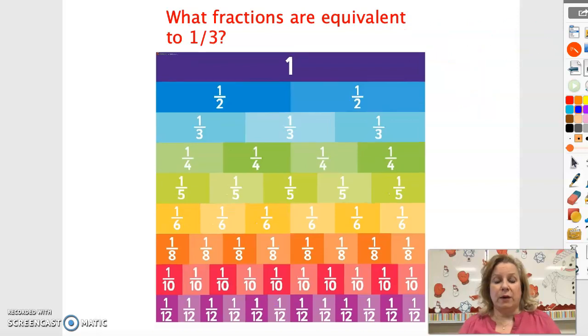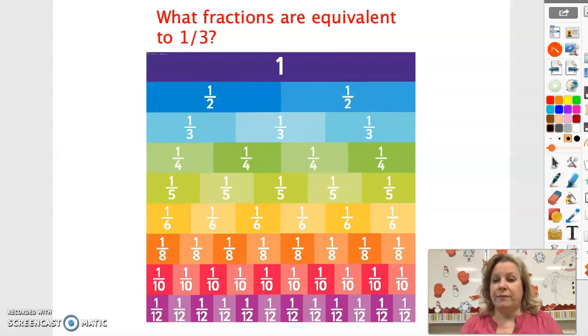All right, here's another one. Now we're going to look at thirds, and we want to find out what fractions are going to equal 1/3. So again, I come in here and I draw my line. I find where 1/3 stops, and that's right on the line here. And then I take my line and I go all the way down, as straight as I possibly can.